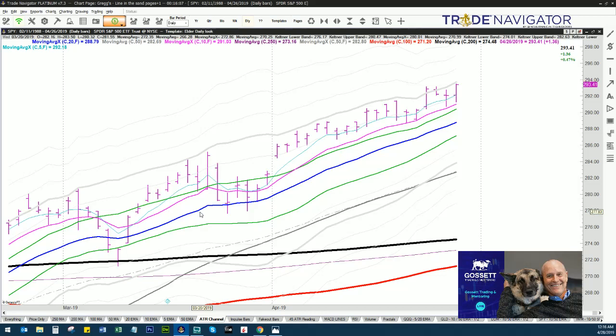If I had my druthers, I would like to take all of my buys within the -1 ATR channel, because it's one standard deviation away from the 20-day moving average. And the more standard deviations you get away from the mean, the more likely you're going to have mean reversion back to the mean.